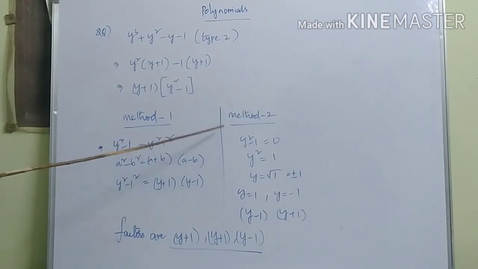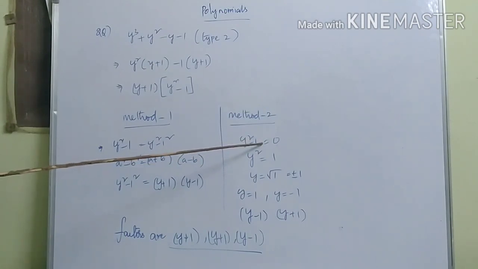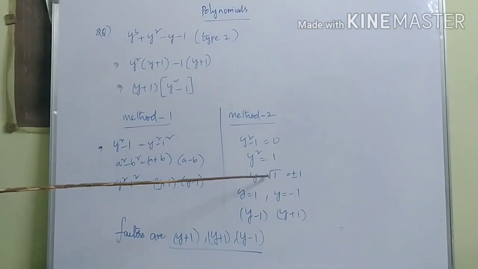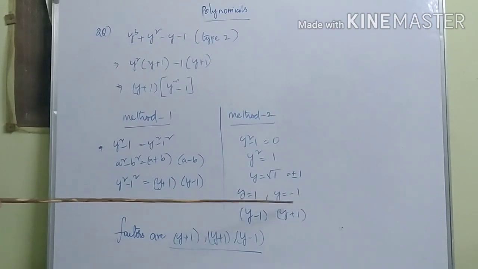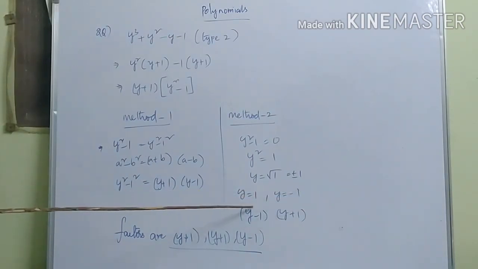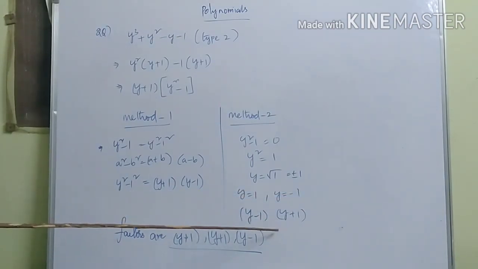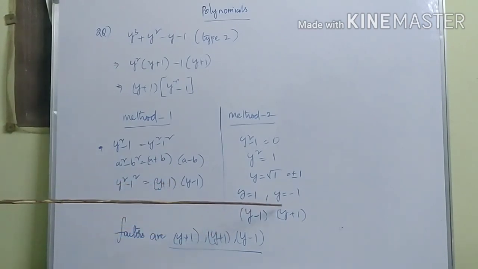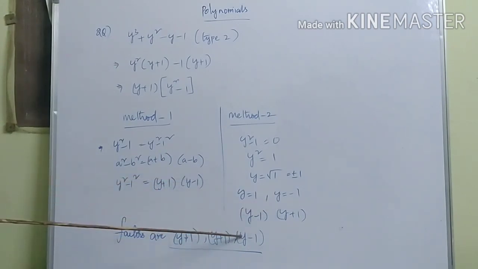So this is method 2: y square minus 1 equating to 0, so y square is equal to 1. y is equal to square root of 1, that equals plus or minus 1. So y is equal to 1, y is equal to minus 1. So we get y minus 1 and y plus 1. So the factors are y plus 1, y plus 1 and y minus 1.